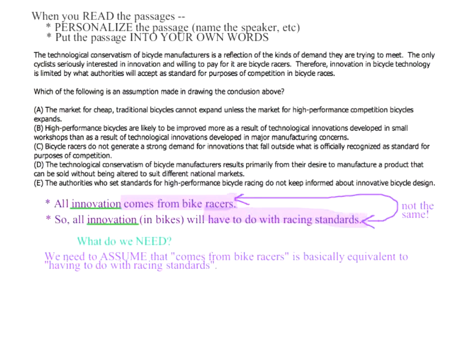So that's going to be C here. I mean, C states it in kind of an indirect way, but bike racers do not generate a strong demand outside racing purposes. So this means that they only generate demand within the universe of racing standards. Any questions about this? So we have some takeaways from this in a second. If you have questions, go ahead and type in the text box.